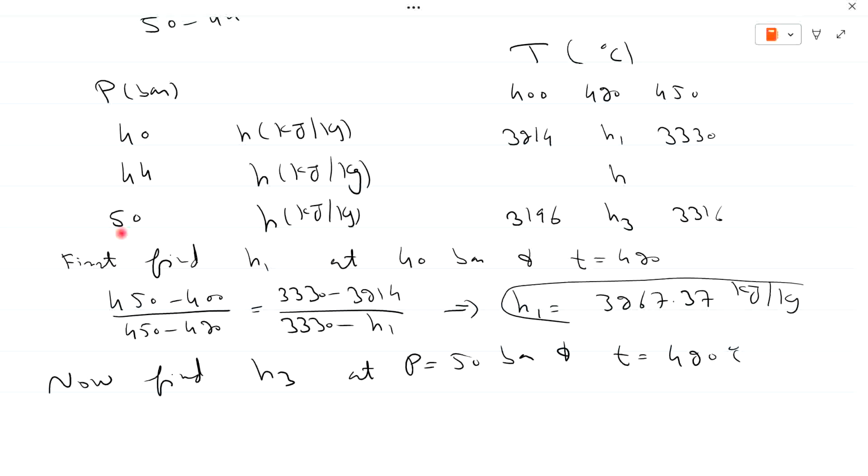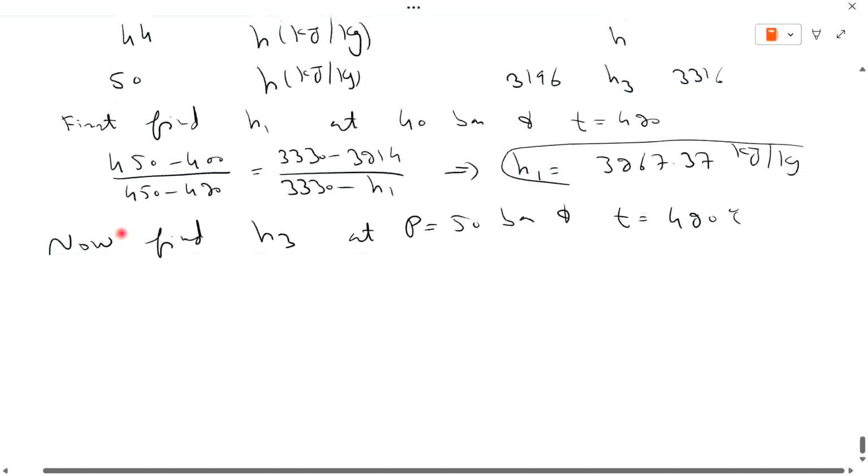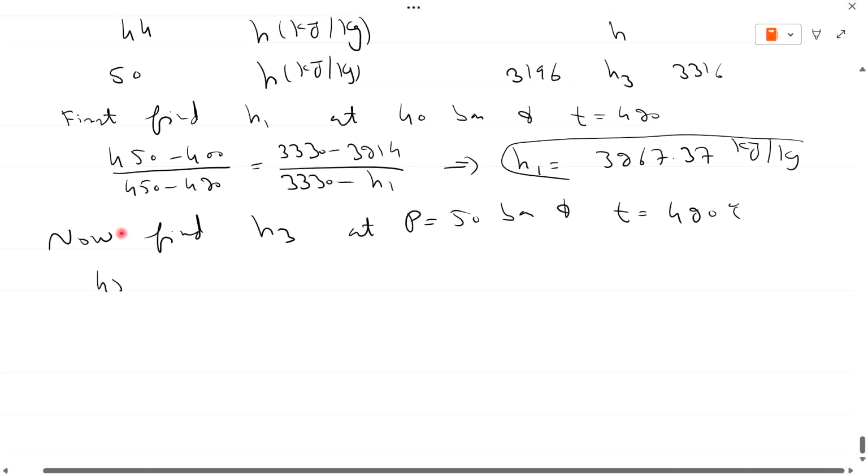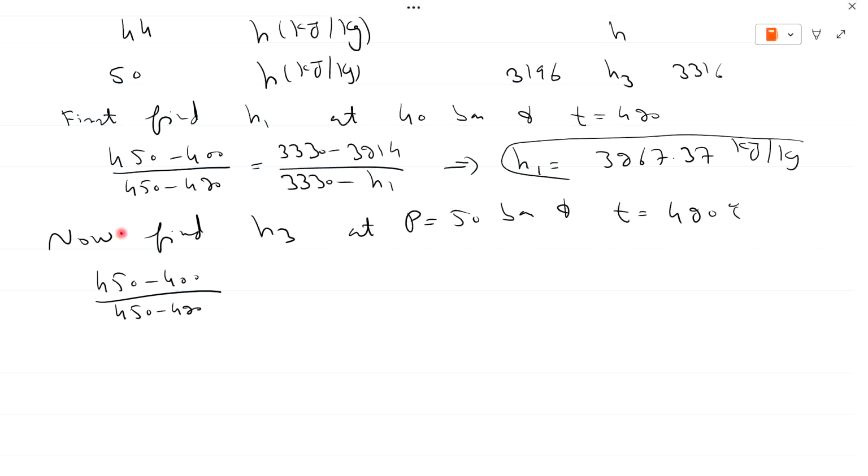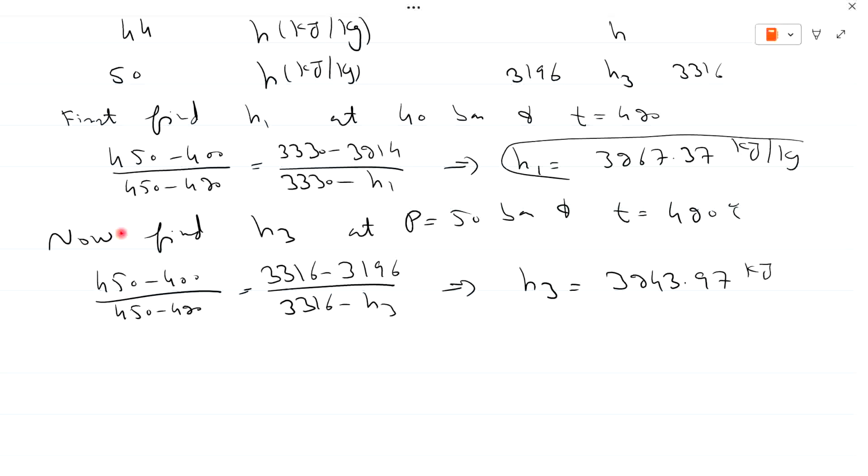So third minus first: (450 minus 400) divided by (450 minus 420) is equal to (3316 minus 3196) divided by (3316 minus H3). So this implies that H3 is equal to 3243.97 kilojoule per kg.